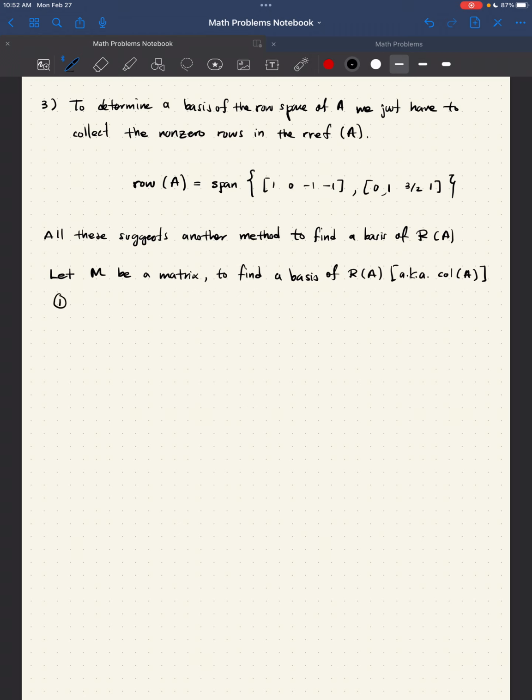First, take the transpose. Second, calculate the row reduced echelon form of M transpose.